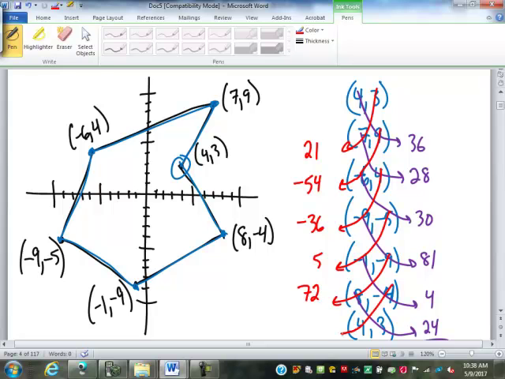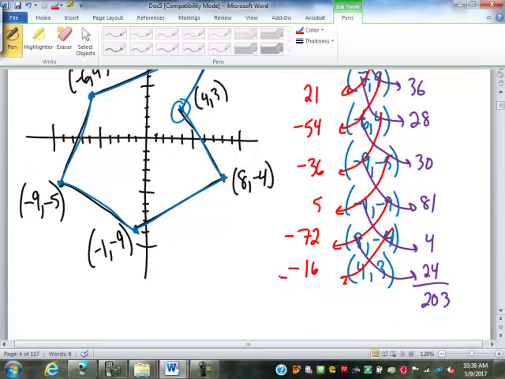And negative 4 times 4, negative 16. So we've got what? Negative 90. Positive 10, so negative 80. Looks like we've got a negative 152 there. Is that what you guys get?